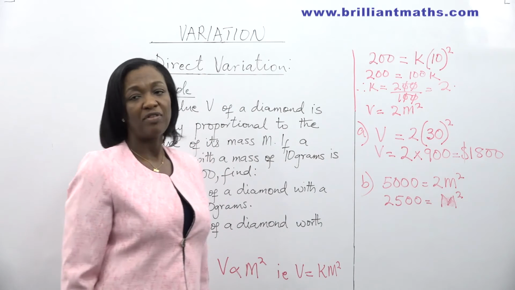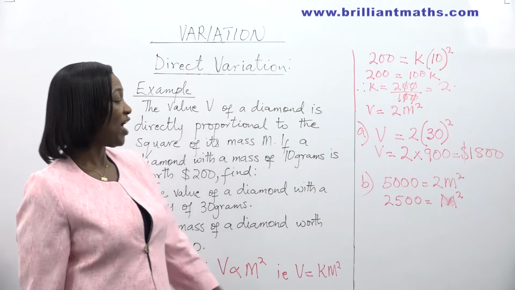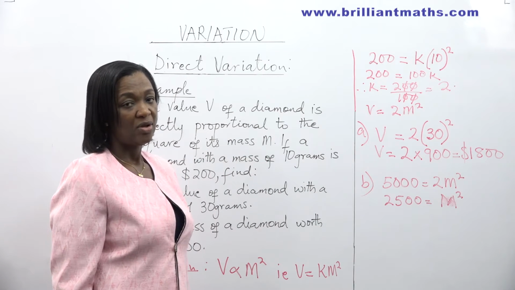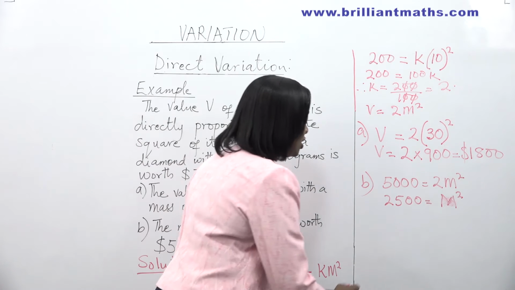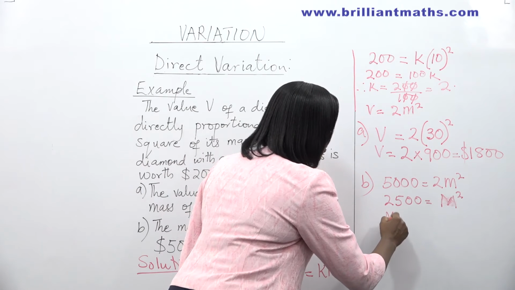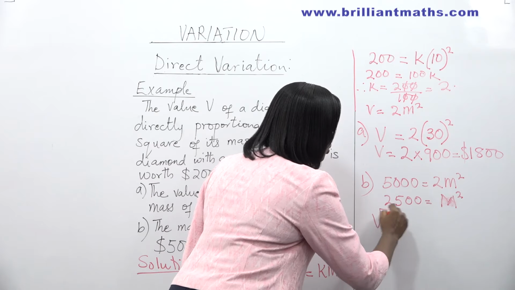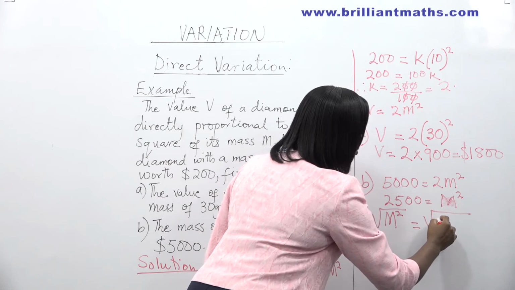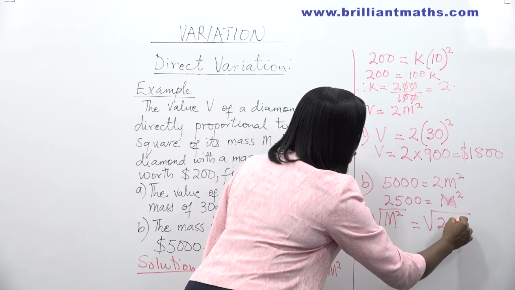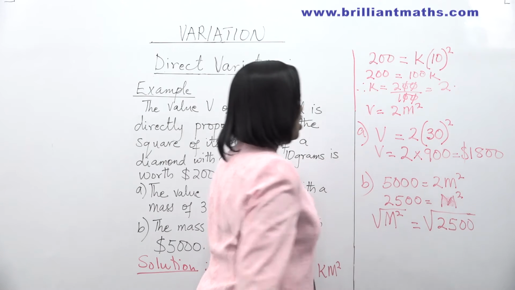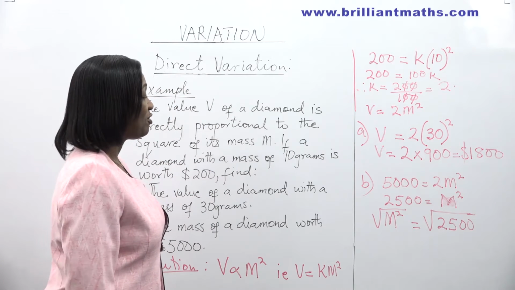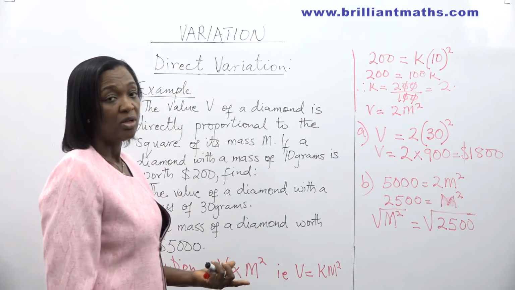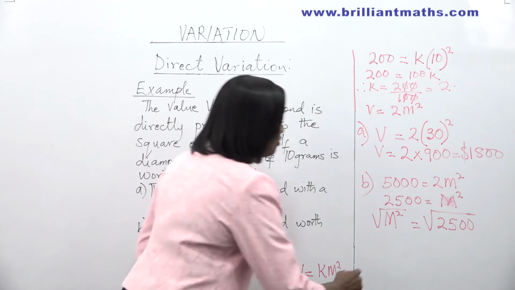To find the value of m, we need to find the square root of both sides. So the square root of m squared is equal to the square root of 2,500. And the square root of 2,500 is 50, because 50 times 50 would give you 2,500.